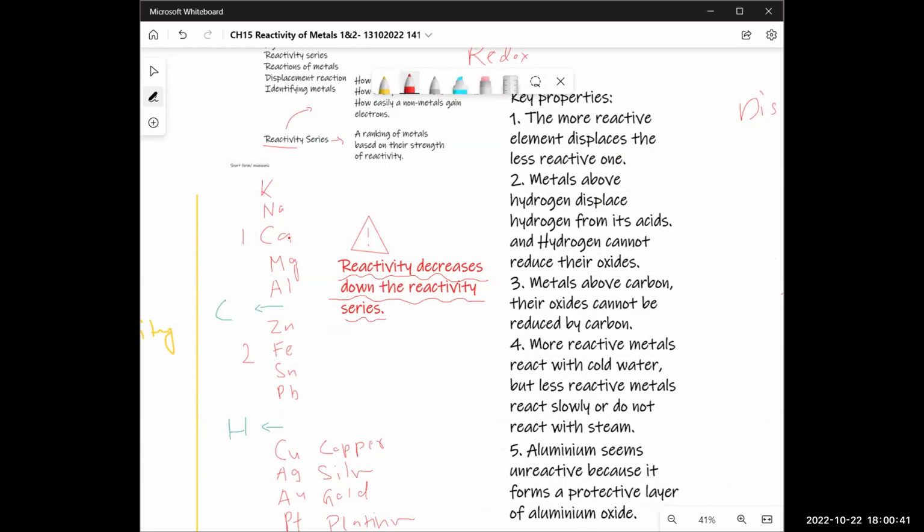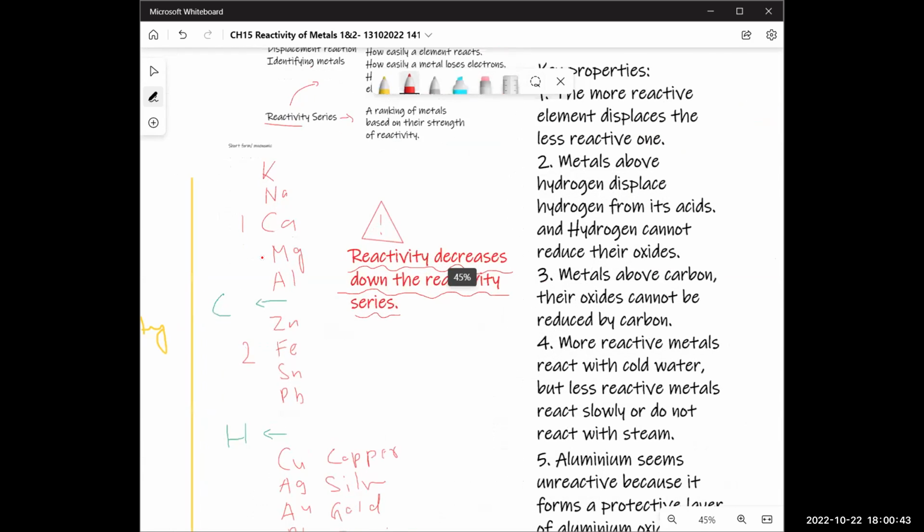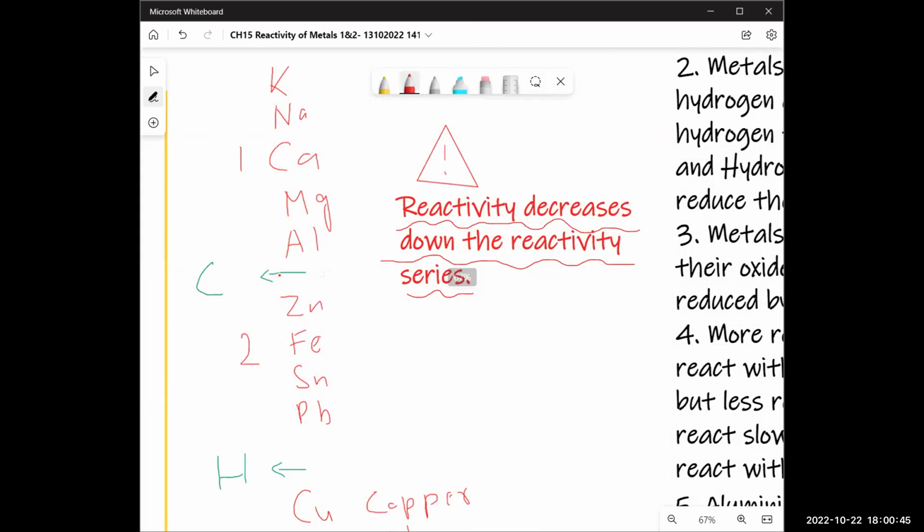Calcium is more reactive. So what is going to displace what? Will calcium displace iron or will iron displace calcium? Calcium will displace iron. Exactly. So more reactive displaces less reactive, and that means iron cannot displace calcium. Is that clear? Only calcium can displace iron.